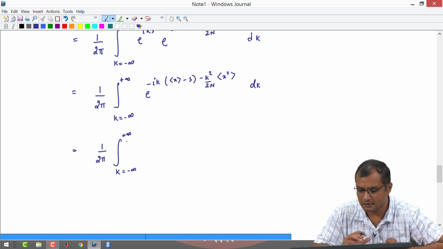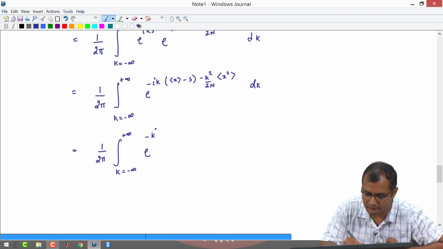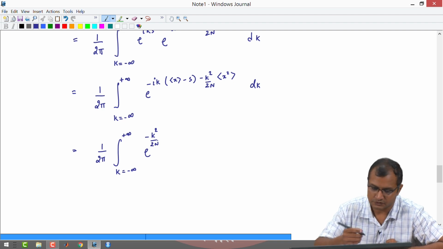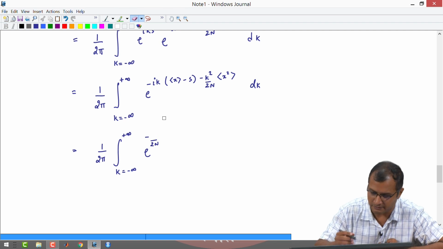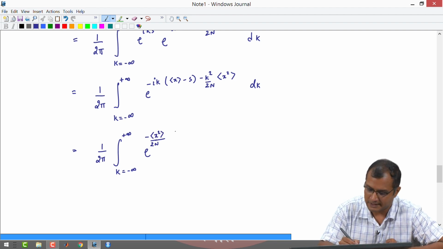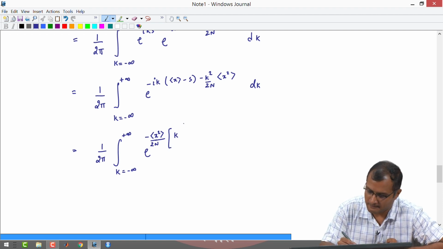So you can construct a perfect square in the exponent. That is always the trick to solve these Gaussian integrals. So the perfect square that I am going to construct is on k square. So I am going to take the prefactor here as minus |x| square over 2n, and I am going to write it as k minus something.